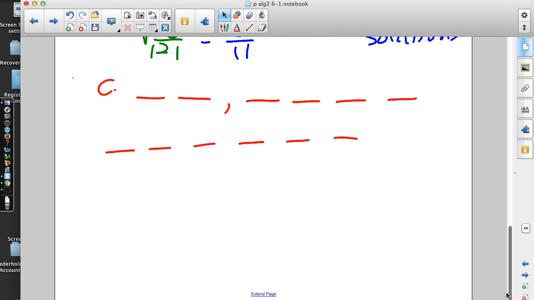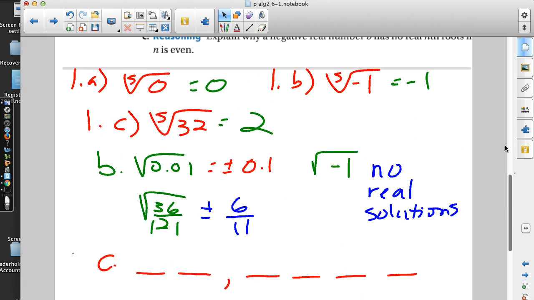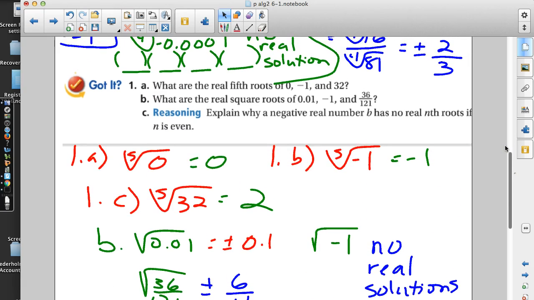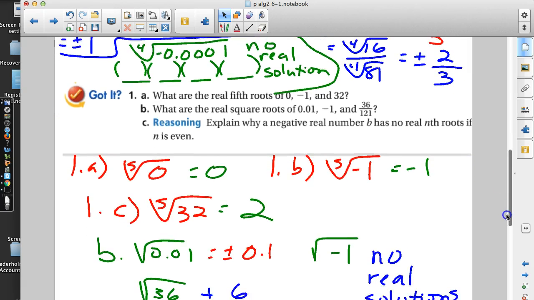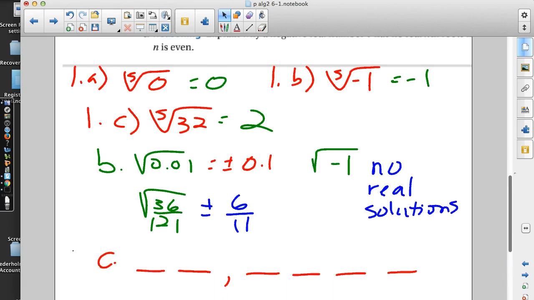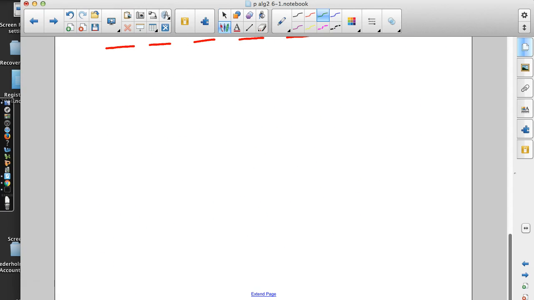So let's see how we can put this. The question was, explain why a negative real number b has no real nth roots if n is even. So a negative number in any of those slots. Well, here's what we know about multiplying positives and negatives.